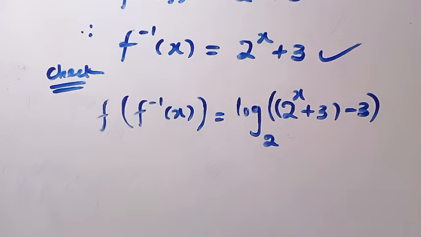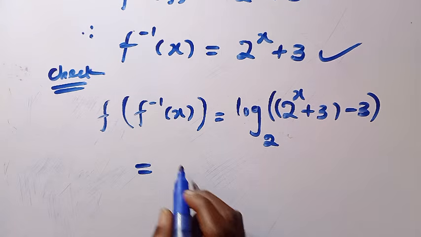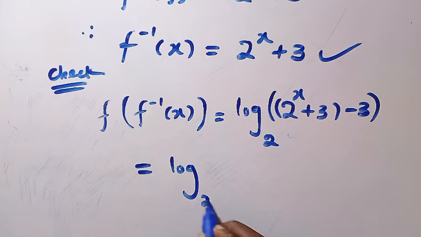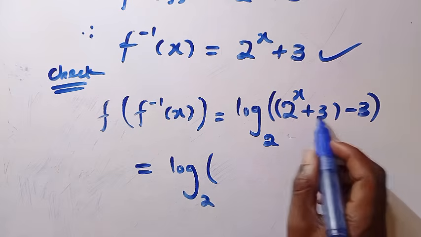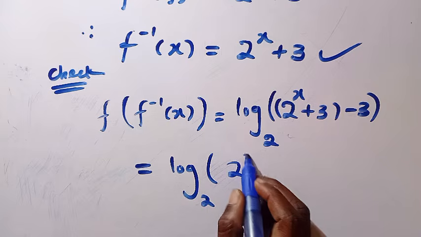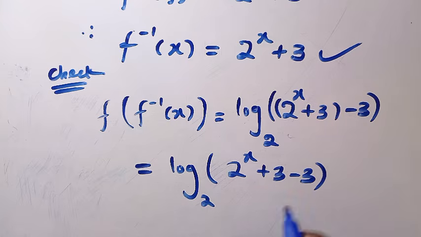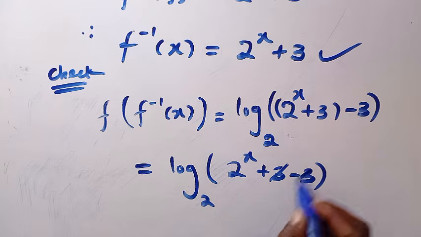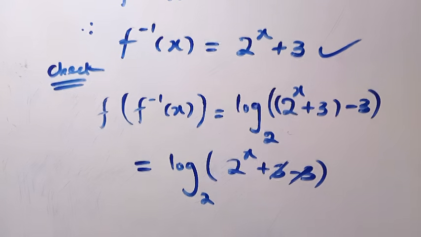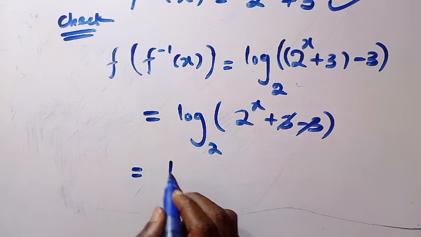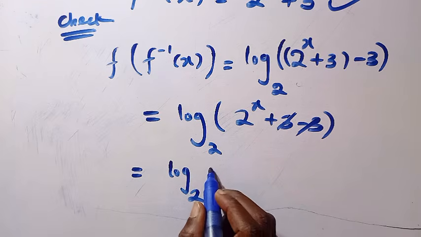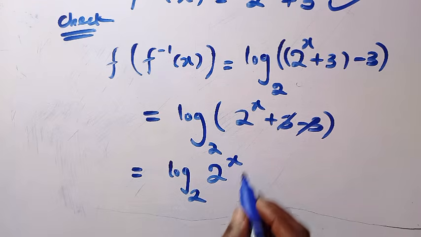This equals log base 2 of (2 to the power of x plus 3 minus 3). As plus 3 minus 3 cancel, we then have log base 2 of 2 to the power of x.